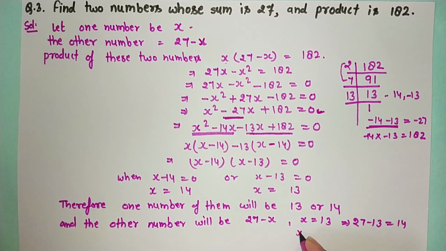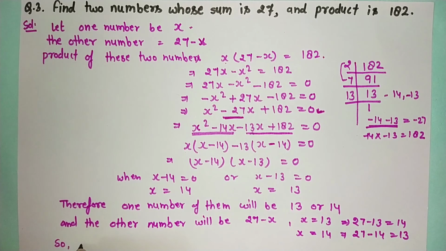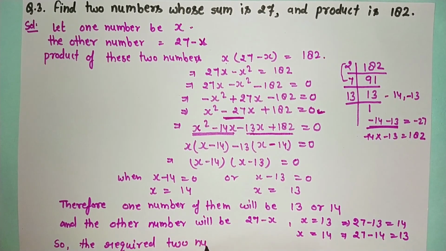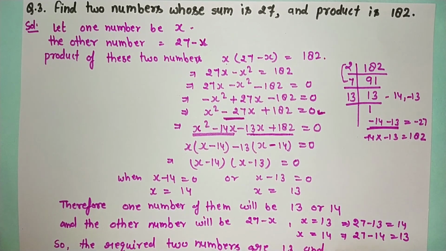And when the first number is 14, the second number will be 27 minus 14, that is 13. So the required two numbers are 13 and 14.